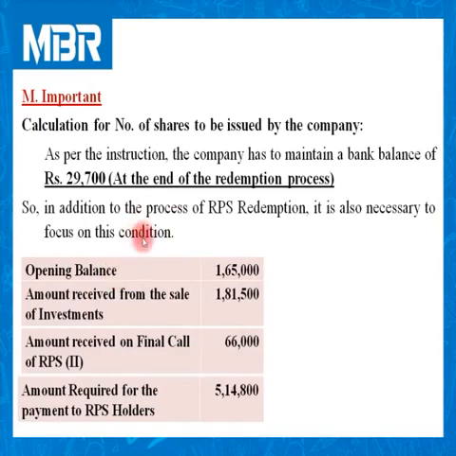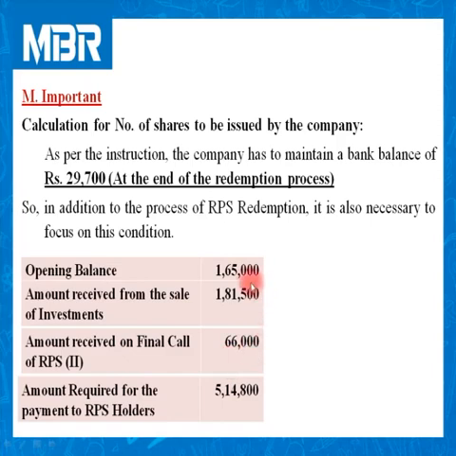Here we have prepared a list of receipt and payment. Opening balance of rupees 1,65,000 is given in the balance sheet of the question. Amount received by the company from the sale of investment is rupees 1,81,500. Amount received by the company on final call on RPS type 2, 66,000.